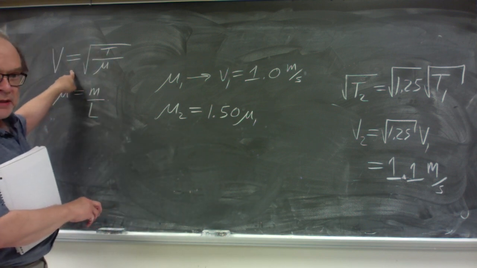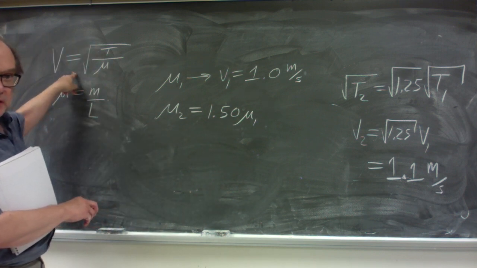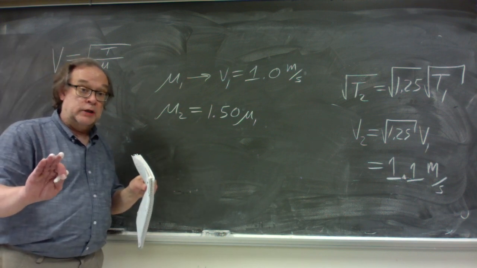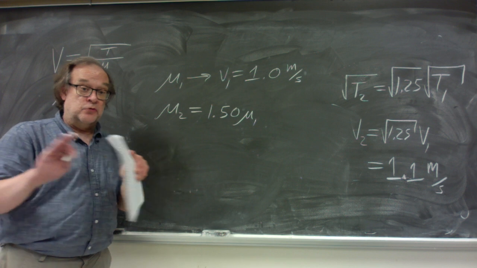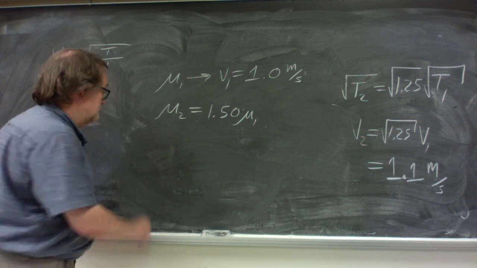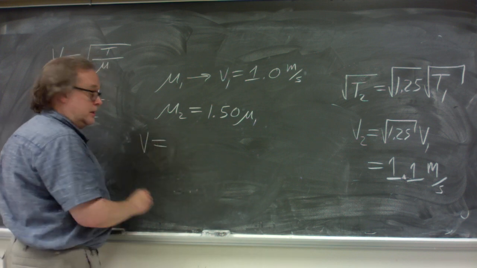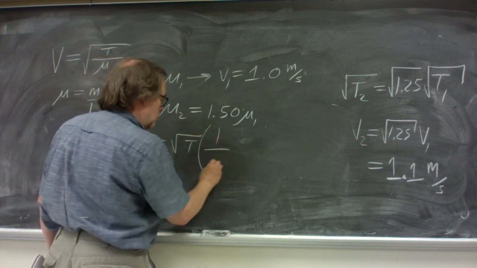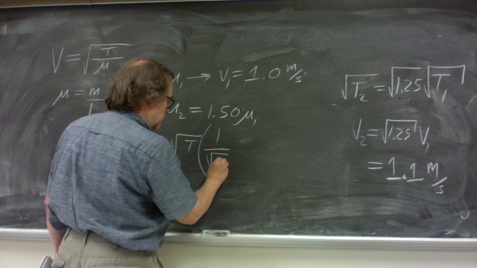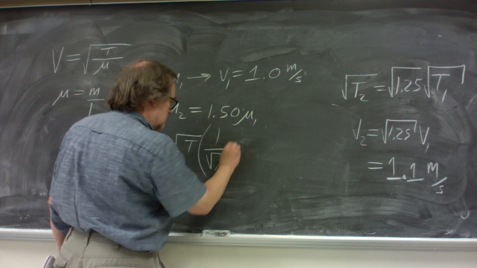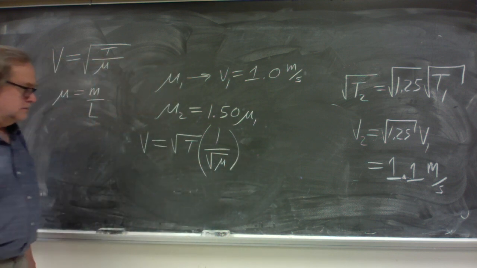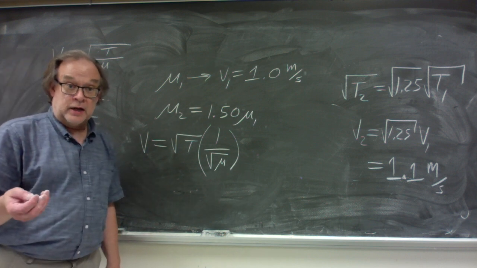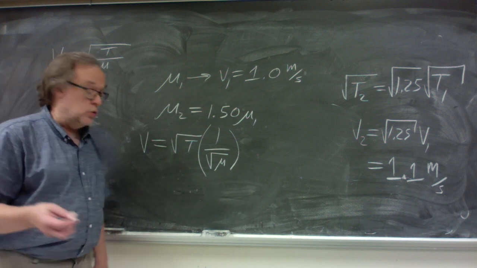So let me rewrite this equation to separate out more clearly the constant stuff from the variable stuff. Speed is square root of tension times 1 over square root of mu. And that's the general form for another kind of proportionality, inverse proportionality.